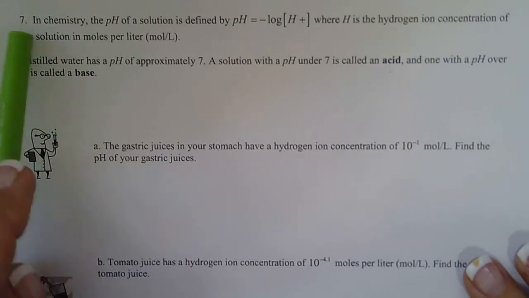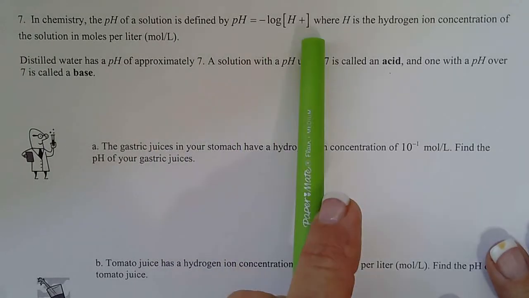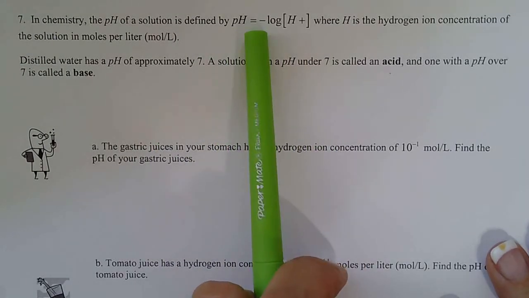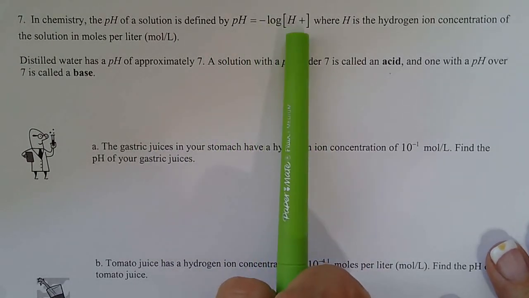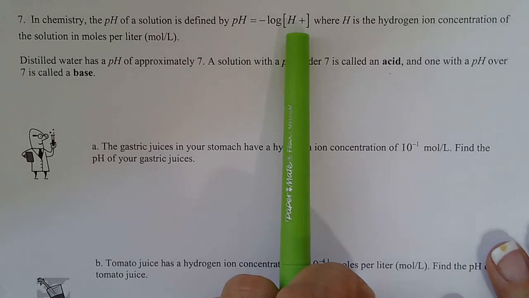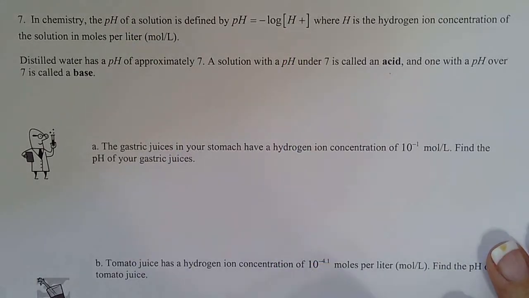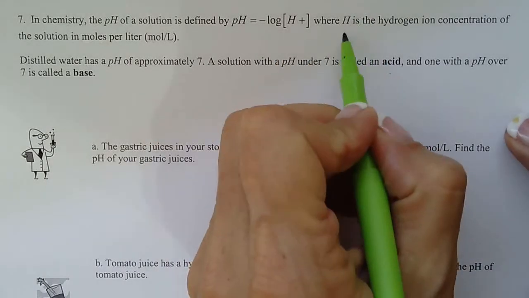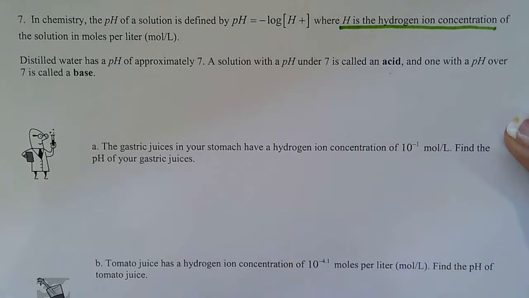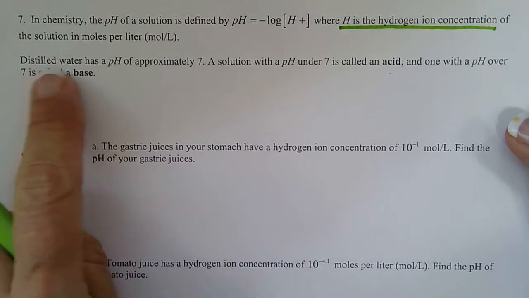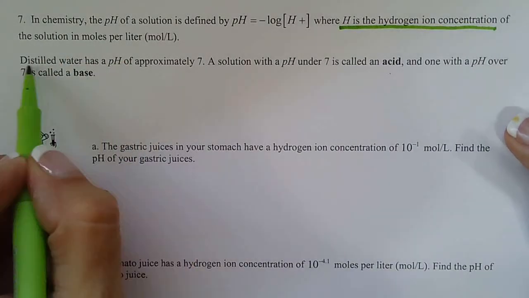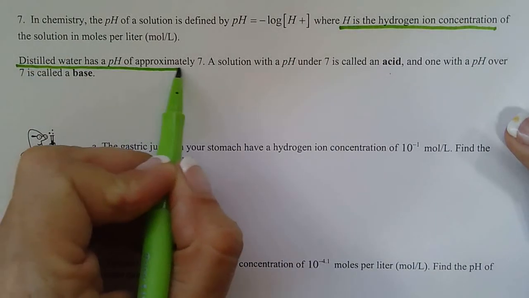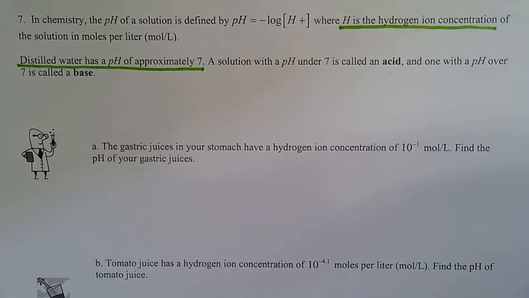So in chemistry, the pH of a solution is given by the opposite of log of the hydrogen ion concentration. I know that sounds like crazy business, but guess what? These are all calculator problems. You plug the number in, type it into your calculator. So H plus is the hydrogen ion concentration. And distilled water is neutral, so it's approximately 7.